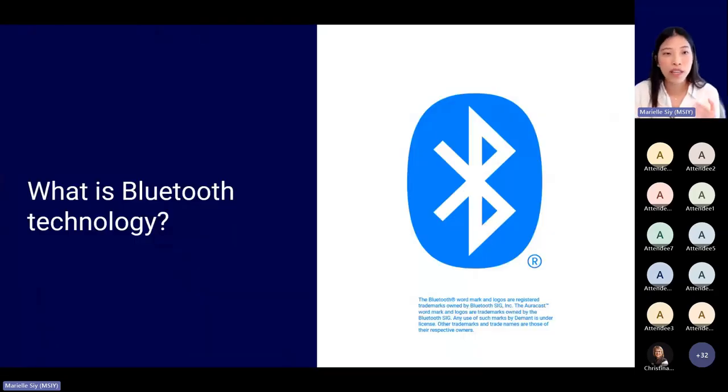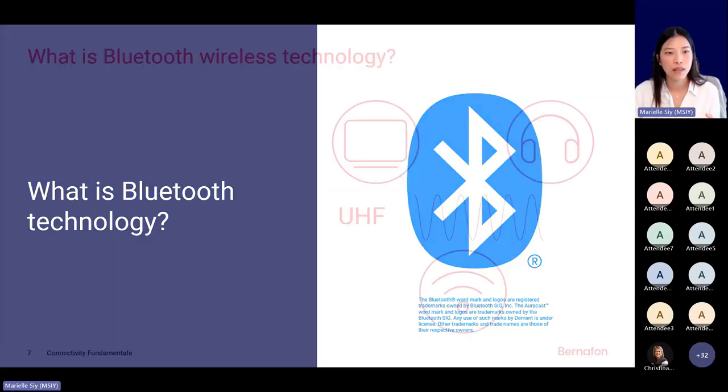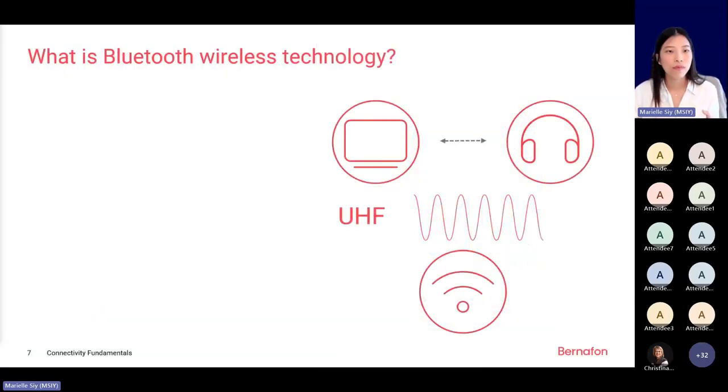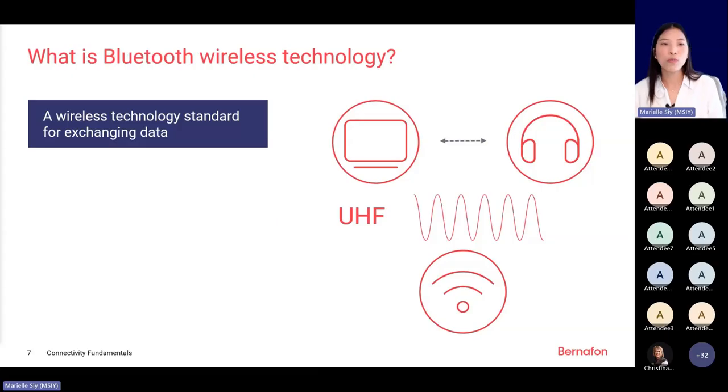So let's start by looking at what Bluetooth is, as well as the evolution of this technology since it was released in 1998. Bluetooth is basically a wireless technology standard used to exchange data between fixed and mobile devices over a short distance.